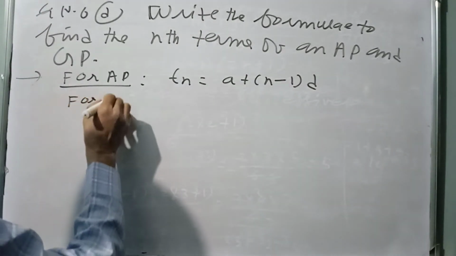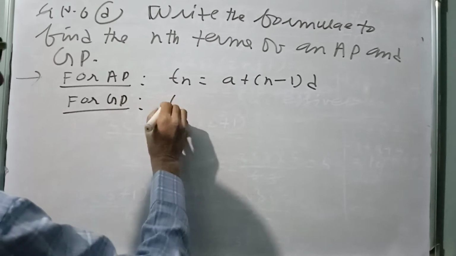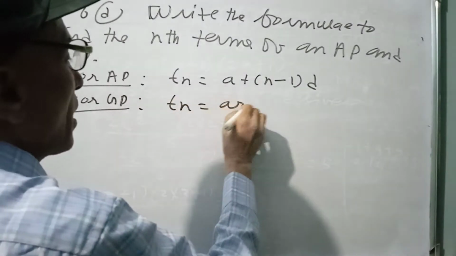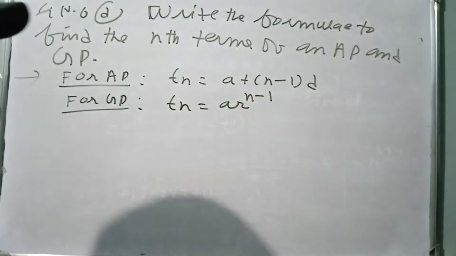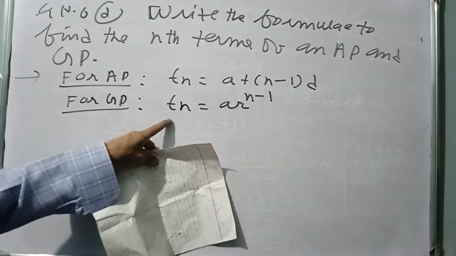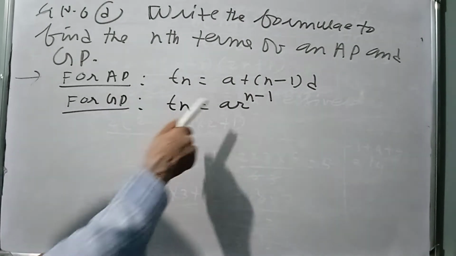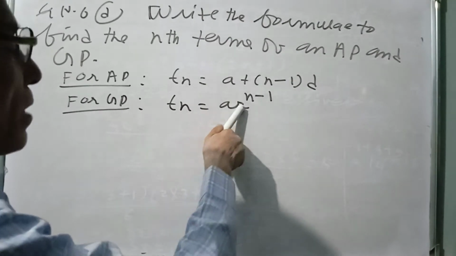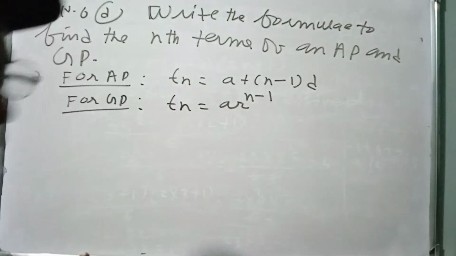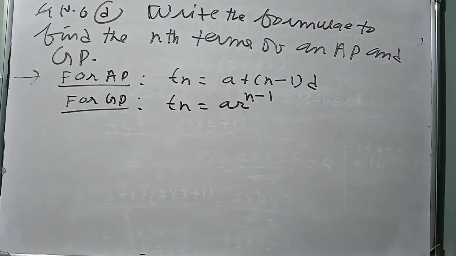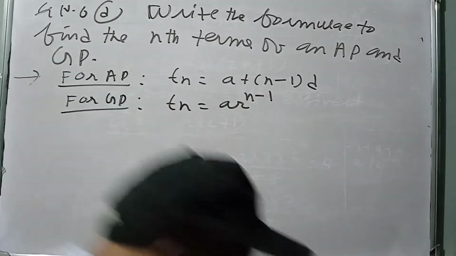For GP, geometric progression, Tn equal a r to the power n minus 1, where Tn is the nth term, a first term, r common ratio and n the number of terms.